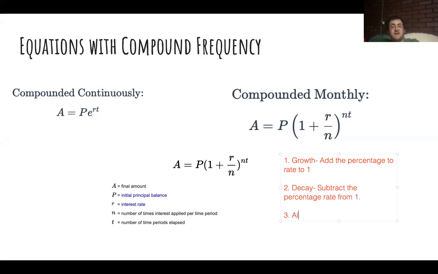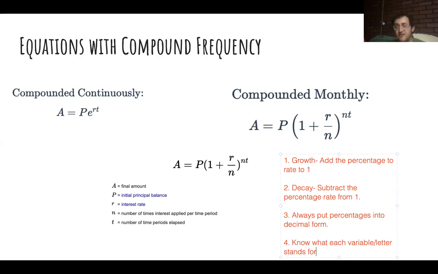Always put percentages into decimal form and know what each variable or letter stands for. And if you do these things, you could just put these in your calculator and you'd be surprised what you could discover.